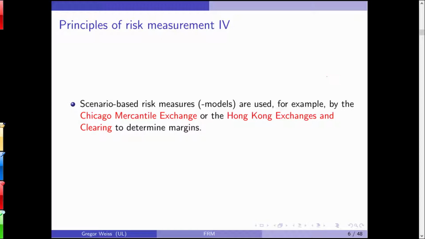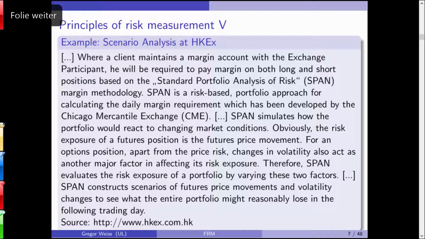These are payments you have to make to the exchange to guarantee the fulfillment of a future contract. And here at Hong Kong Exchange and Clearing, it says where a client maintains a margin account with the exchange participant, he will be required to pay margin on both long and short positions based on SPAN.